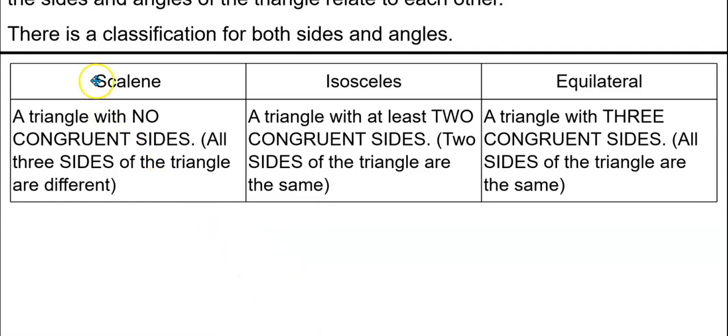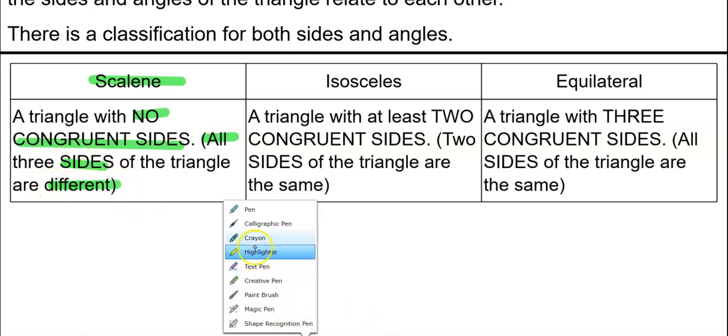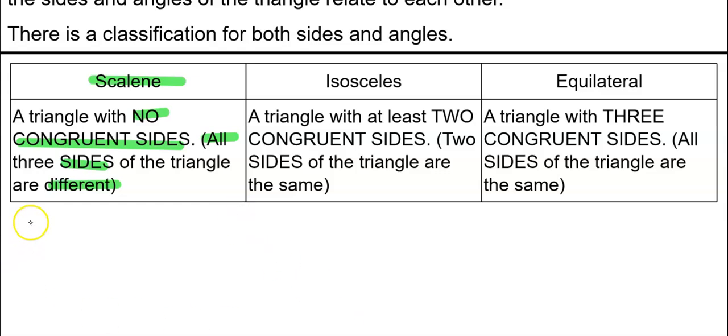All right, so when we say a triangle is scalene, what that means is we have no congruent sides. That means all of my sides are different. So that's going to look like this. If we have a triangle, let's draw a triangle. It means all three sides are going to have a different number of congruent ticks.